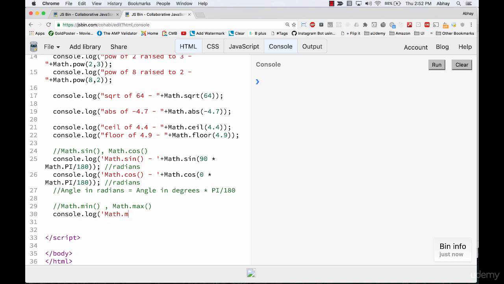So Math.min example, and let's put the quotes. Let's do a Math.min and pass the numbers, let's say 2, 4, 6, 5, 1. Very basic example. Let's close the console log and see what happens.